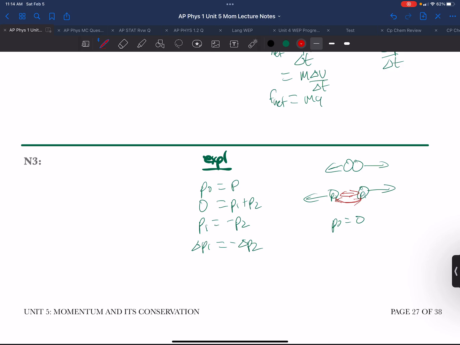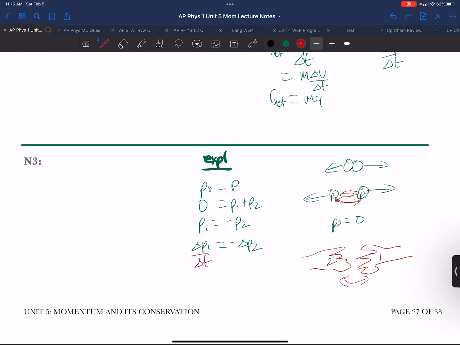So that interaction that was causing their momentum to change occurred over the same time interval. Just as two people shaking hands, the time of the shaking hands is the same for person 1 and person 2. It is not possible for one to shake hands with 2 without 2 shaking hands with 1.